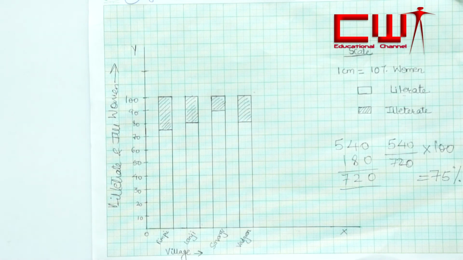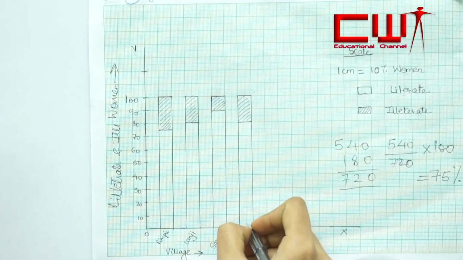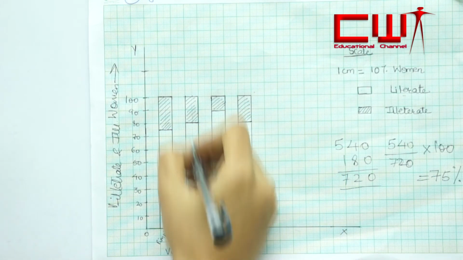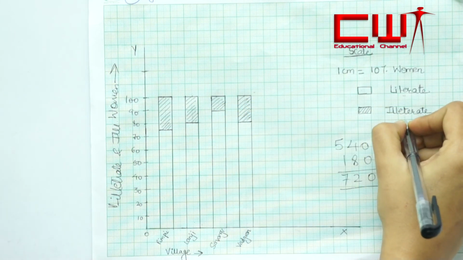Next you have 920 and 230. That will give you 1150. So take the maximum, that is 920 divided by 1150 into 100, which will give you 80%. So mark till 80, and the blank portion is literate women, and the portion that you have shaded is the illiterate women.